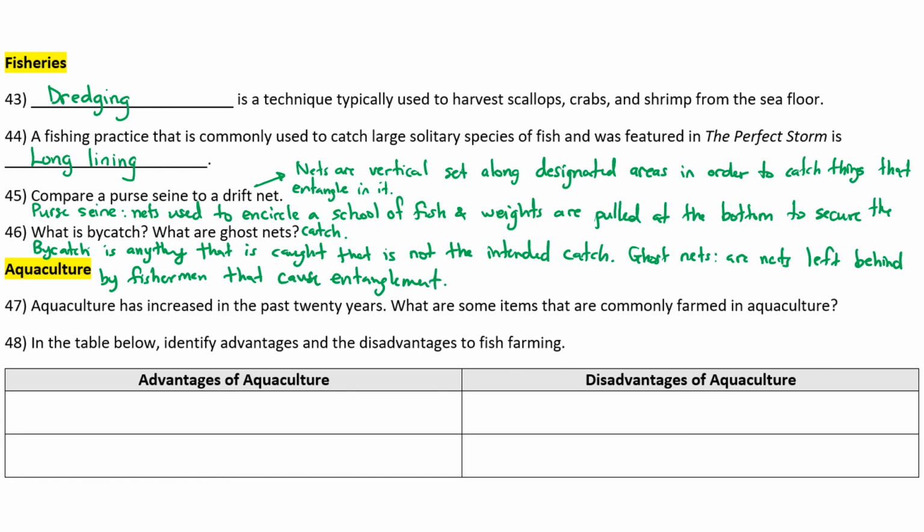47. Aquaculture has increased in the past 20 years. What are some items that are commonly farmed in aquaculture? So salmon, shrimp, and oysters. In the table below, identify advantages and disadvantages to fish farming. So advantages would be reduced fishing pressure on wild stock, and then increased jobs.